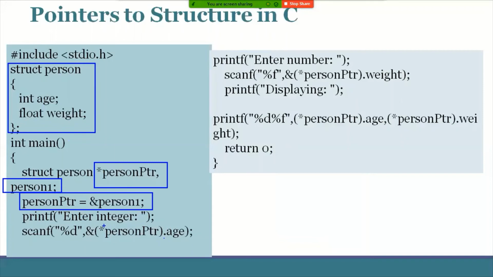Why? Because this pointer variable is specified within the parentheses, then the dot operator needs to be used. If you want to use the arrow operator, that is another type of example. Though it is a pointer variable, we can use the dot operator. In that particular case, specify the pointer variable within the parentheses.